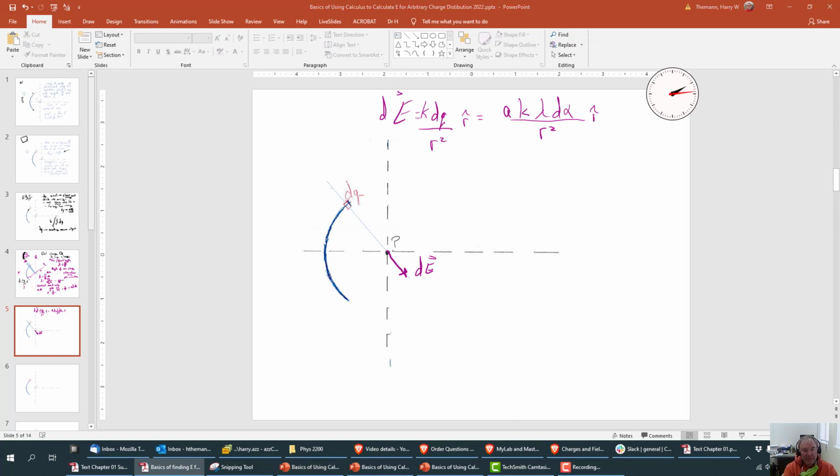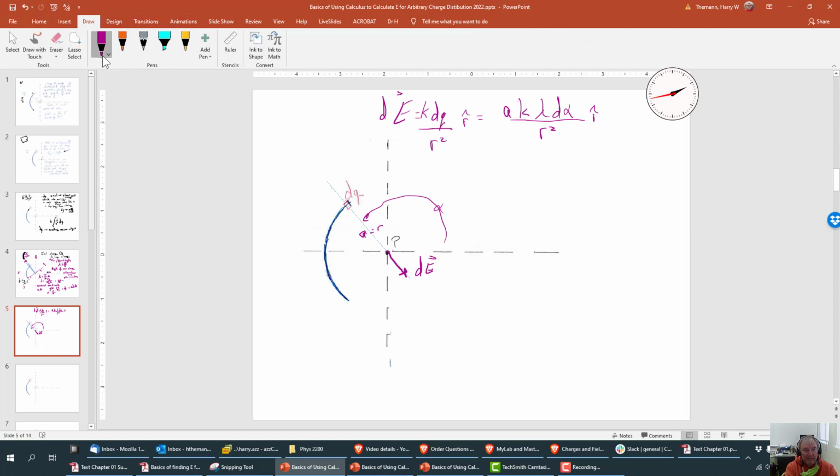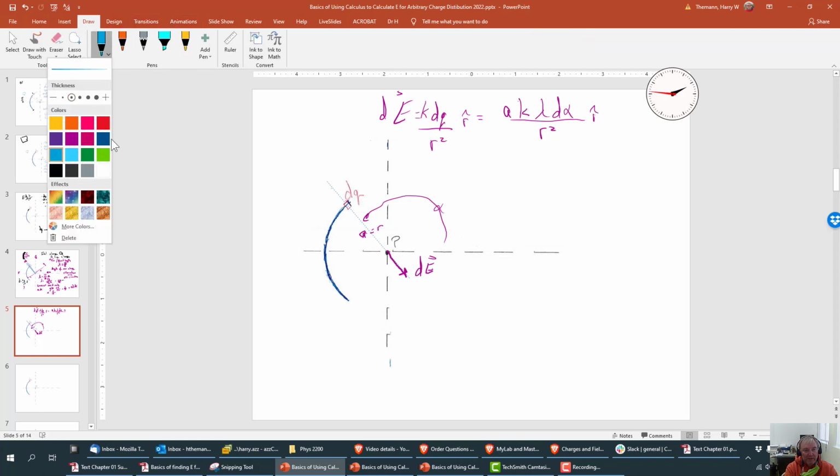Okay, so now we need an expression for r. And it just so happens that it's going to equal a, or a equals r. And we like it because if we pick point P, we have to just make sure that we understand the variable of integration.